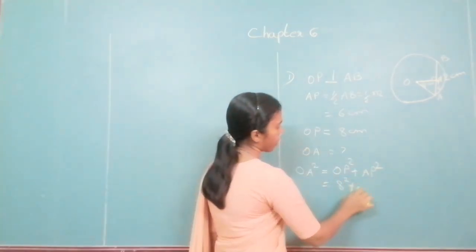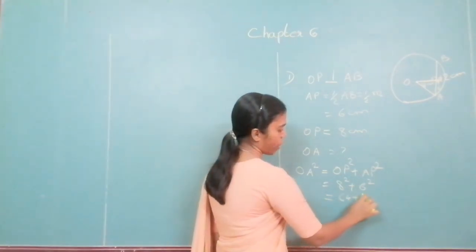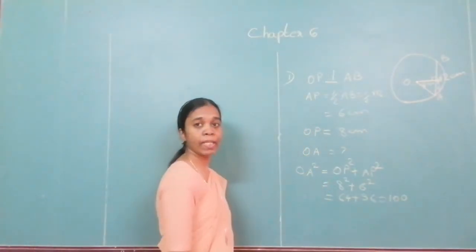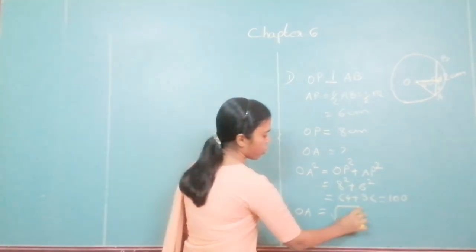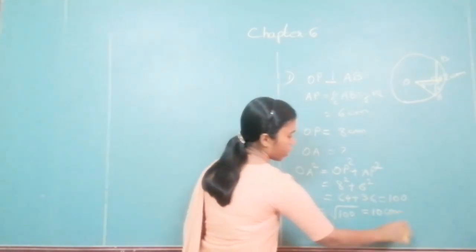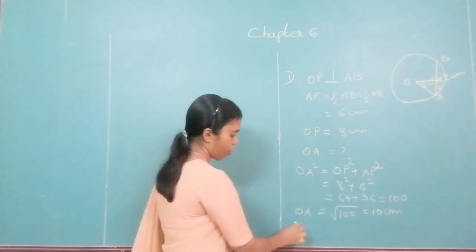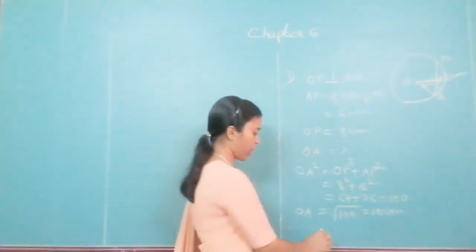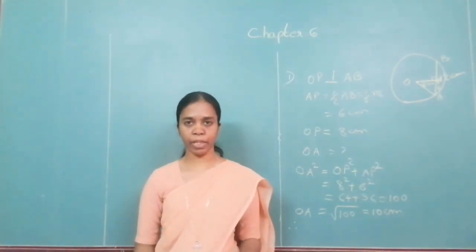So 8 square plus 6 square, that is equal to 64 plus 36 equal to 100. That is OA square. So how much is your OA? OA is equal to square root of 100, that is equal to 10 centimeter. Now OA is the radius. Therefore, diameter is equal to 2 into OA, that is 2 into 10 is equal to 20 centimeter.